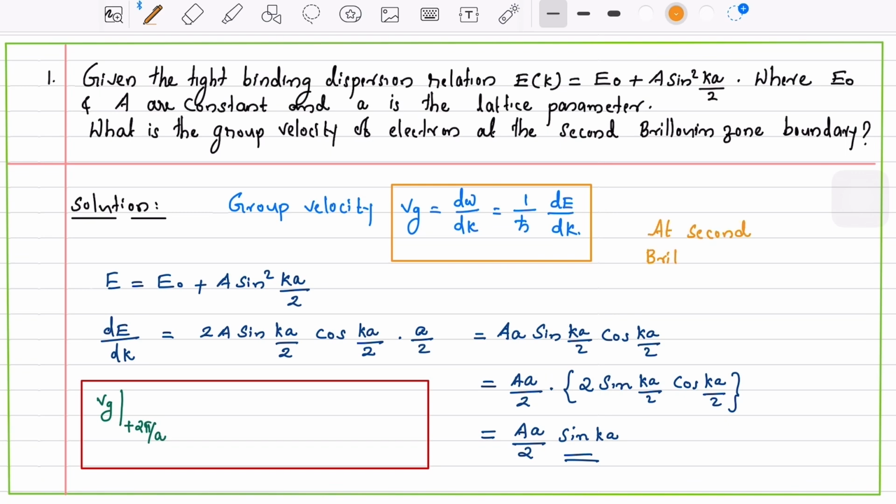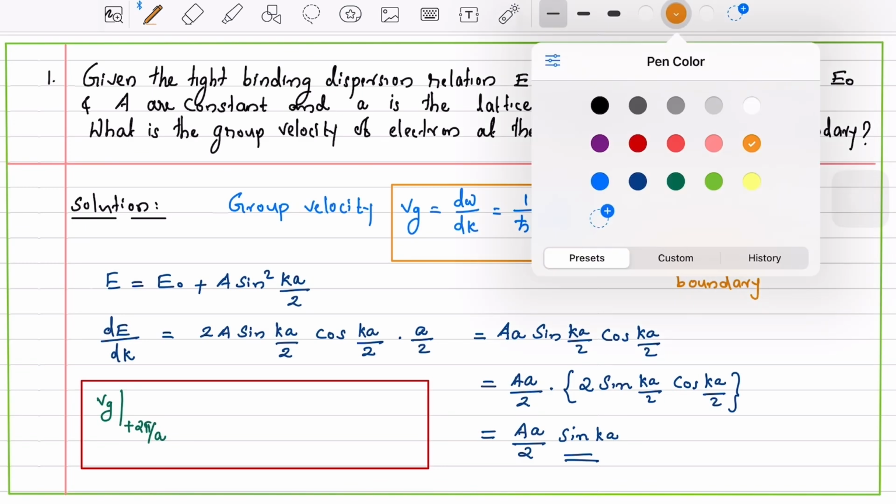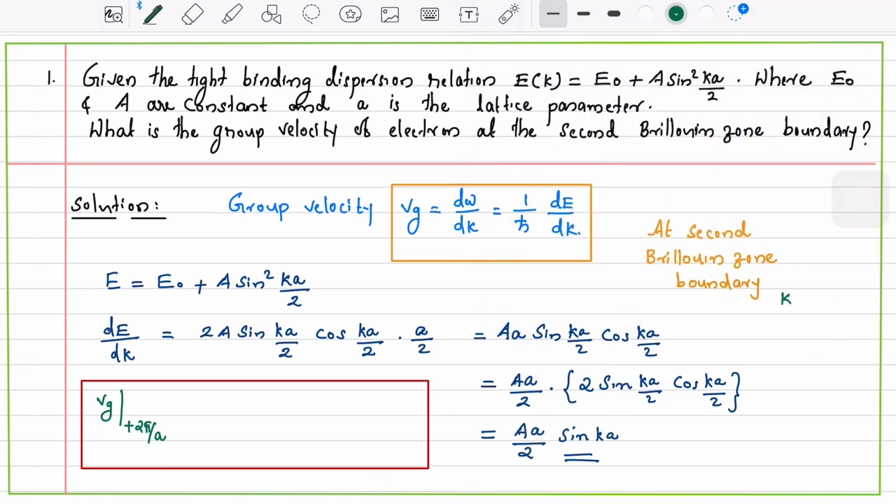At the second Brillouin zone boundary, the value of k is plus or minus 2 pi by a. Now we have to substitute this plus or minus 2 pi by a in the expression for group velocity to get the group velocity at the second Brillouin zone boundary.